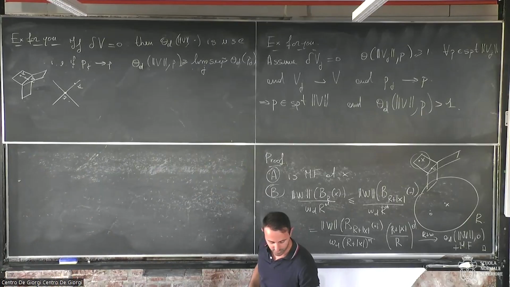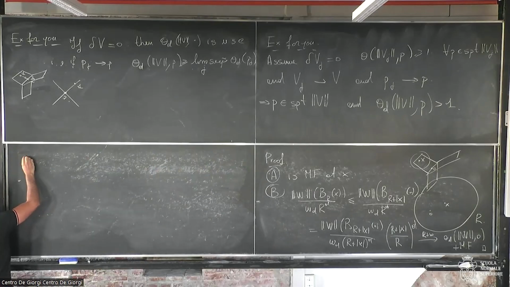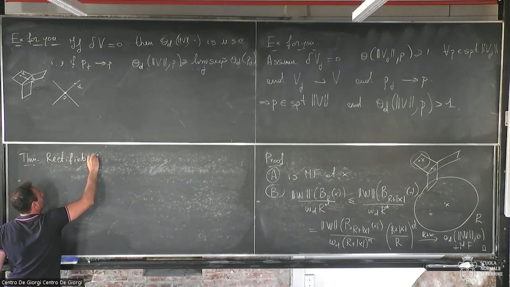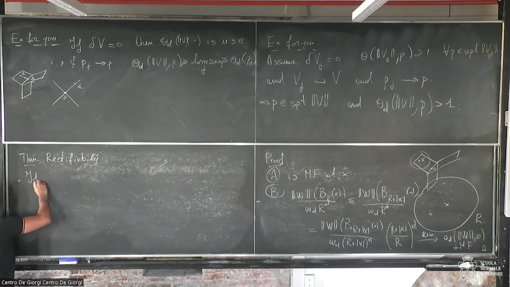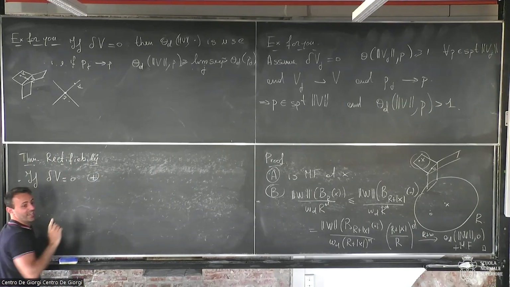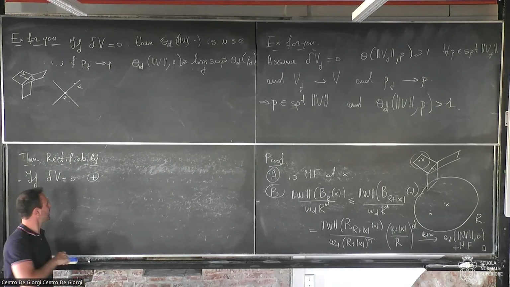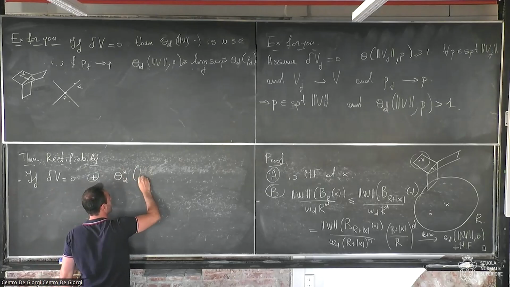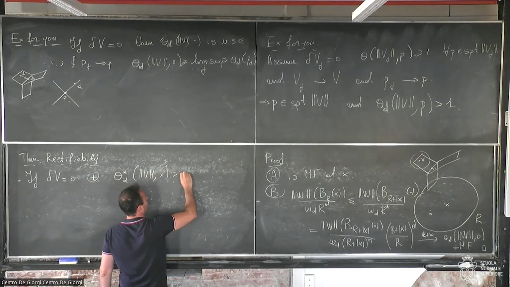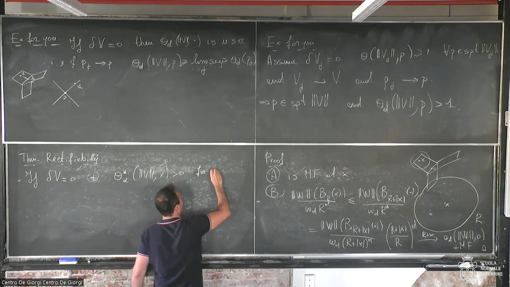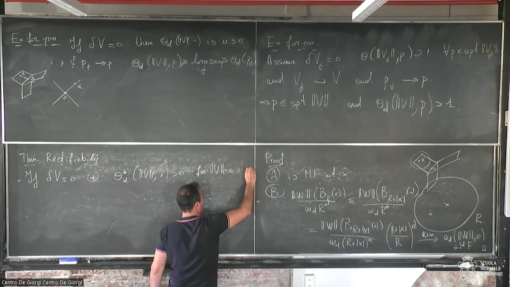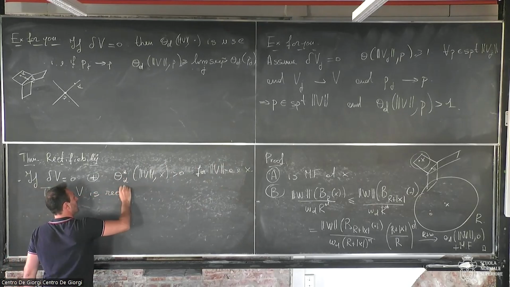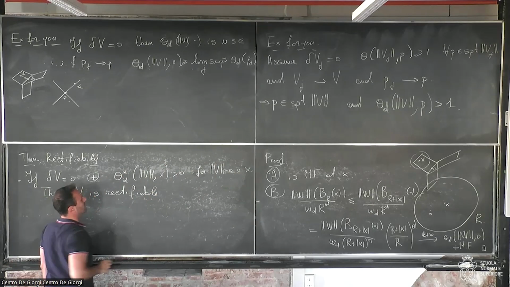So the rectifiability theorem for varifolds, as I was anticipating yesterday, says that if you have a stationary varifold, and as we were discussing yesterday about the rectifiability for stationary varifolds, you have to assume also that the upper density of your varifold is positive for V almost every x, then V is rectifiable.